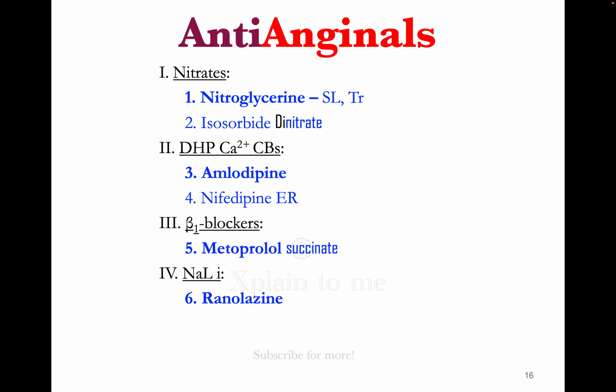I forgot to mention one more point. Remember, if you have metoprolol, atenolol and propranolol, you will pick metoprolol succinate for the anti-anginal drug. Reason: this is better, proven, because of the unique structure and the pharmacokinetics. But if somebody asks you a question about propranolol, keep in mind propranolol is non-specific.